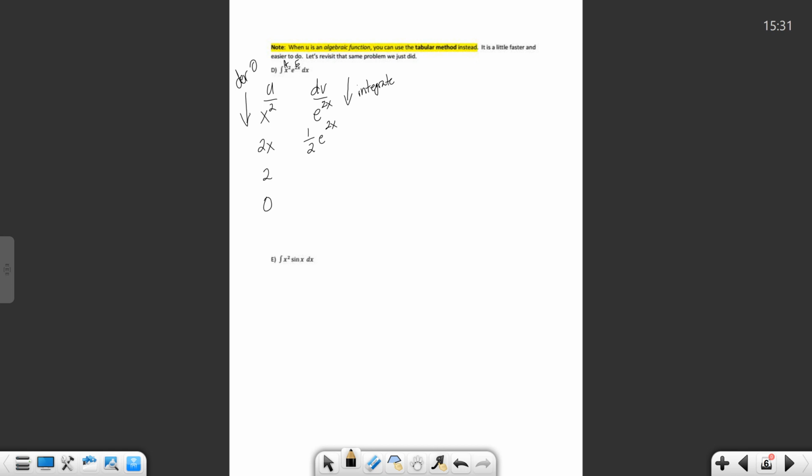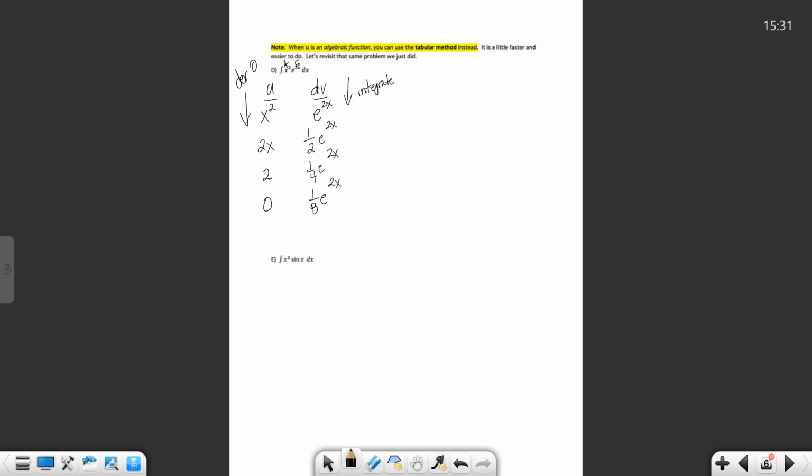And then each time I'm multiplying by another 1/2, so I get 1/4 e to the 2x. You can do all those u substitutions, but each time you're just multiplying by the reciprocal of that coefficient of the x. And then by another 1/2 would be 1/8 e to the 2x. You want to even them out, where they stop at that same place.